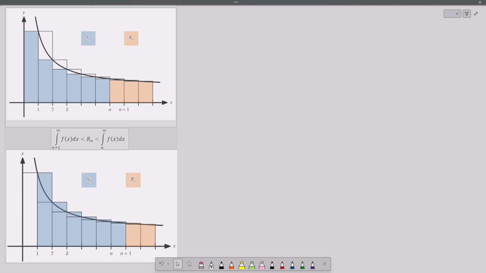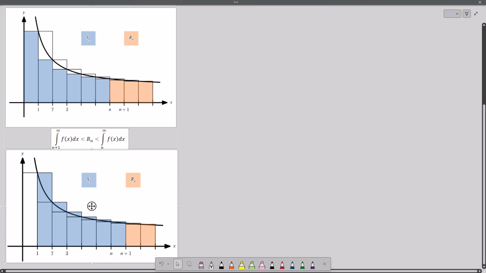So I have n blue rectangles here, and I have n blue rectangles there. The rest, the pink, that's R sub n. So here I'm looking at right endpoints to determine the height of this rectangle. Down here I'm looking at the left endpoint of this interval to create this rectangle there. But there's n rectangles in blue in both cases.